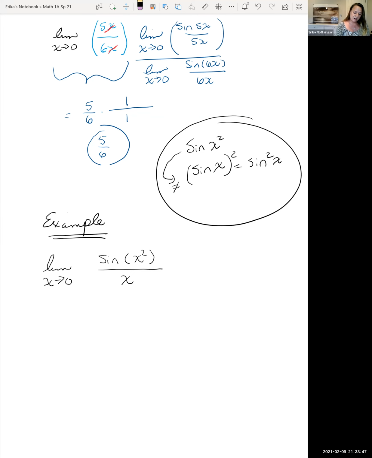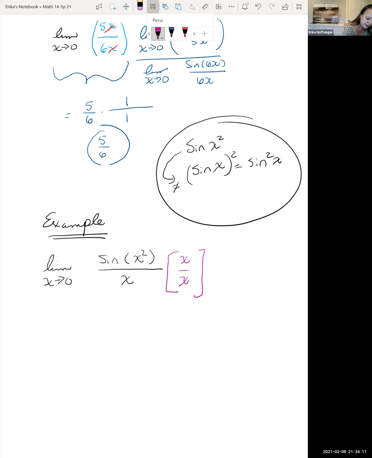We want that argument to be the same in the numerator and denominator, so I need an x squared in the denominator. Again, direct substitution gives 0 over 0, so let's multiply the top by an x and the bottom by an x.